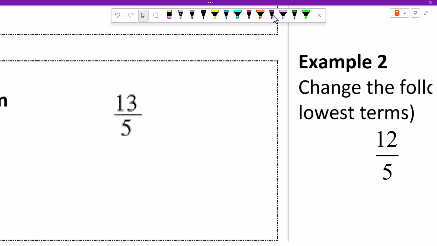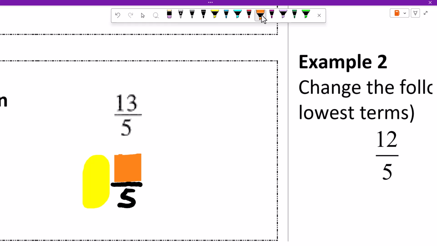To do this, first realize it's always out of the same pieces. So the 5 is the same. We need to figure out what the whole number is and the number on top. How many times can 5 fit into 13 fully?